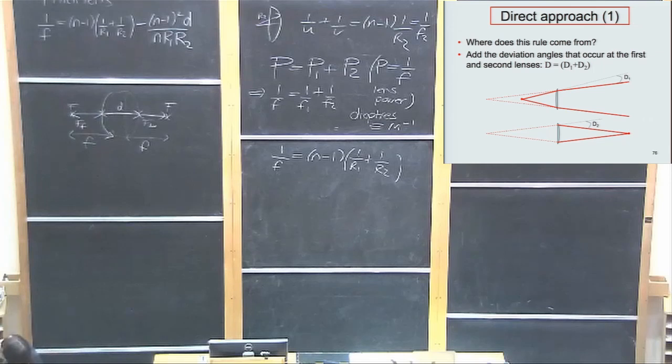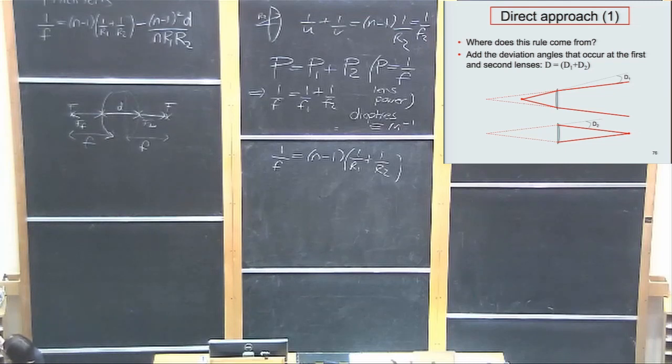Does it actually show? Is it fading in and out to you? Anyway, never mind. So there's my object spewing out some light rays, causing some deviation, and we'll call that deviation angle D1. And then you plonk on the second lens and it goes through a further deviation D2.